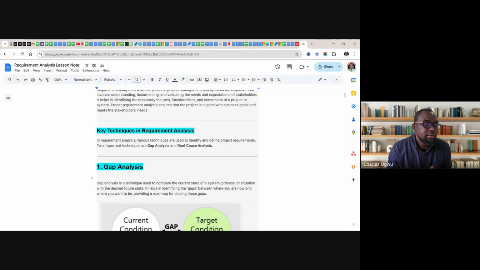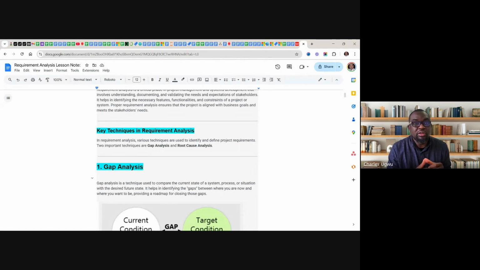All right. Key techniques in requirement analysis. In this boot camp, we are just going to focus on 2 techniques.